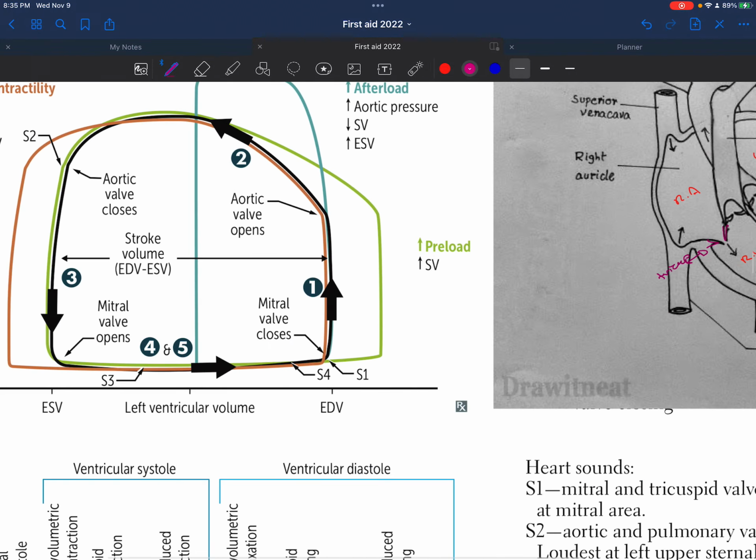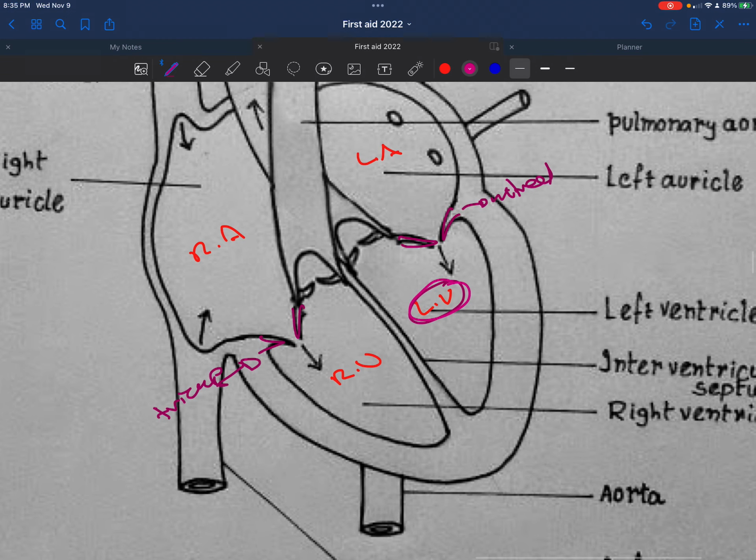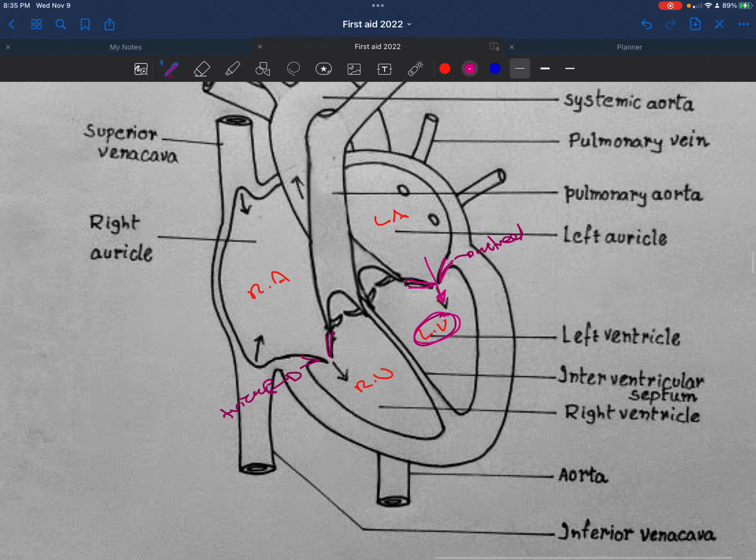So the whole process starts with the mitral valve opening. When the mitral valve opens, it allows the blood to flow from the left atrium to the left ventricle. Supposing we have a healthy heart without any problem, the blood goes easily and peacefully from the left atrium to the left ventricle.